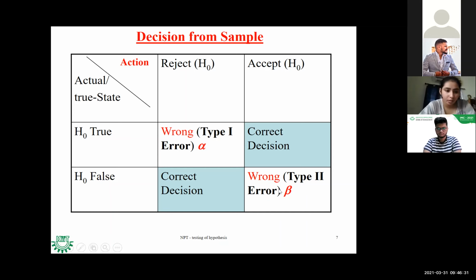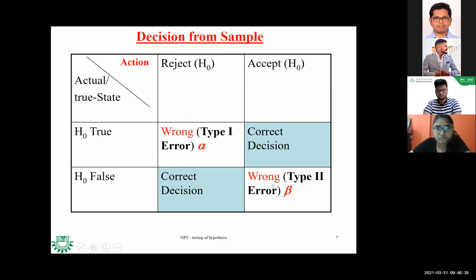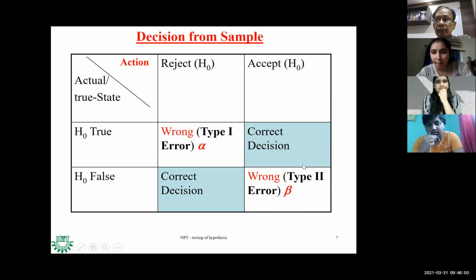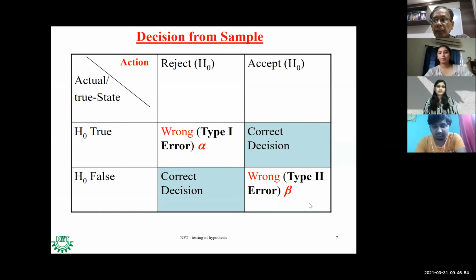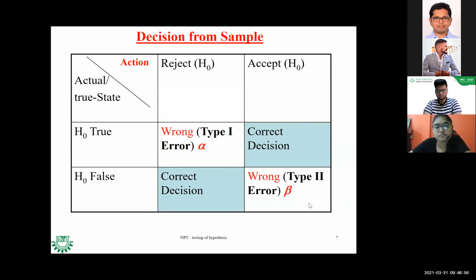Manjot, can I trouble you, dear? Fourth situation. In this, the hypothesis is accepted, but your population is false. How will this happen? Do you remember the example? Can you give one example?